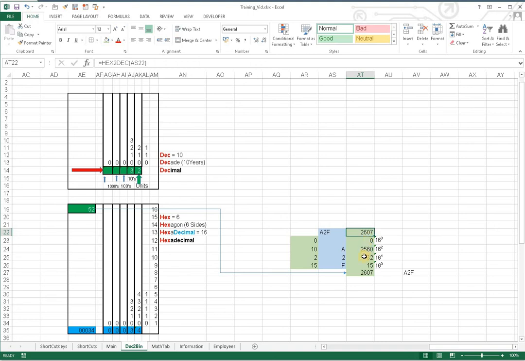I've shown how to convert a hexadecimal by using 16 to the power of 0 times the number that we've got, 16 to the power of 1 times the number that we selected, 16 to the power of 2 times A, which relates to 10, and we add all those up and we come to the decimal equivalent of A to F. I converted that with the decimal to hex conversion function, giving it as a parameter the decimal number.